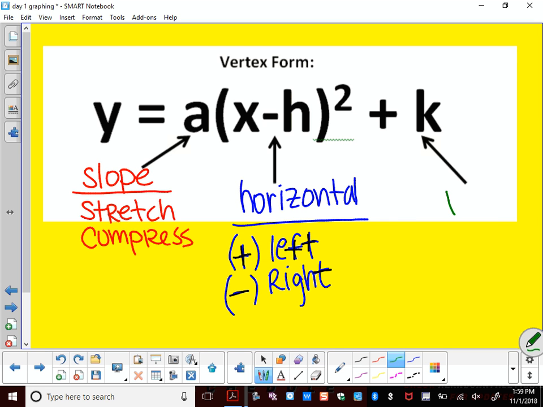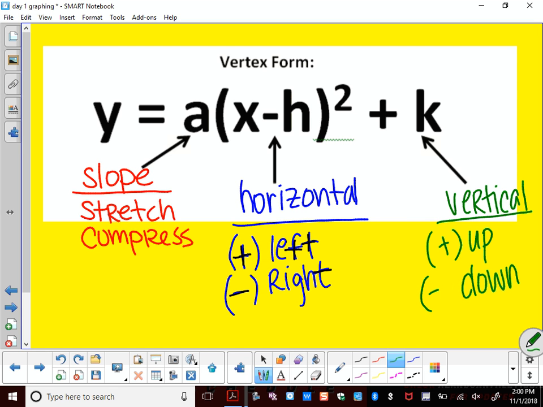My last number tells me how to move vertically. I can either go up or I can go down. How do I know if I go up? Positive or negative? Positive. And down will be negative. Who remembers what to do if there is a negative in front of our slope? If it's a transformation, what does it tell you to do if it's a negative?